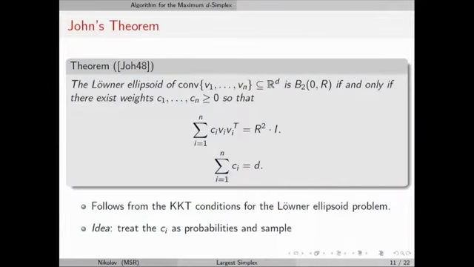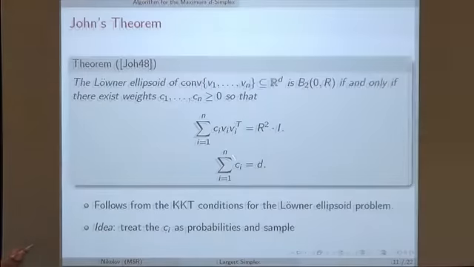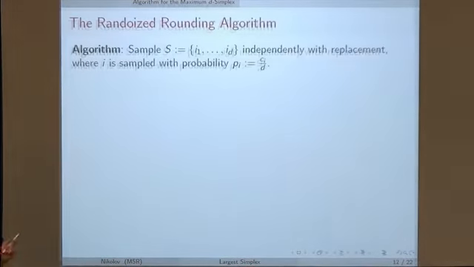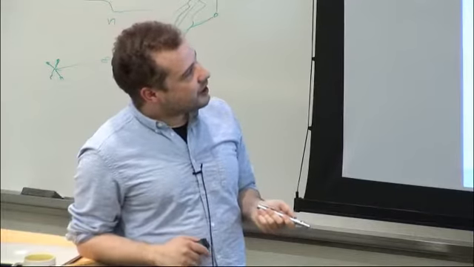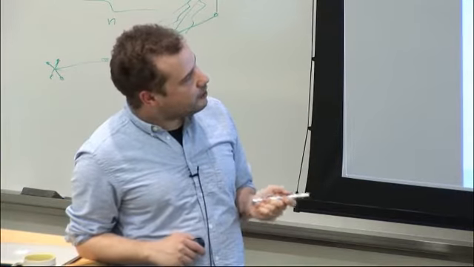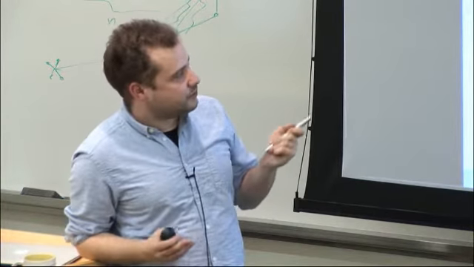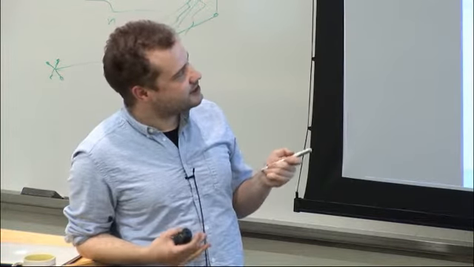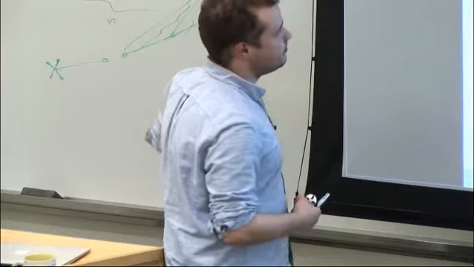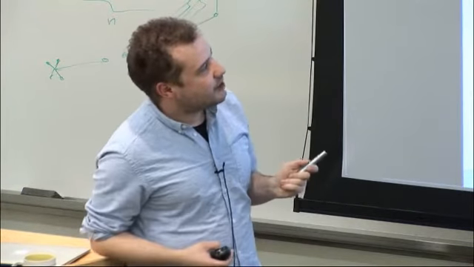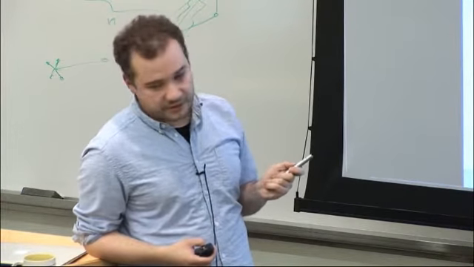And the main idea of the actual approximation algorithm is to treat the ci's as probability weights. That's vague, so let me show you immediately what the algorithm is. To find an approximately largest d-dimensional simplex, or rather a d by d submatrix of this matrix, sample d columns from the matrix.